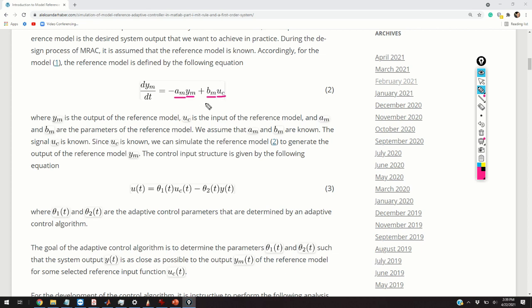Now, the signal uc is known. It can be a step signal, it can be a pulse train, it can be a sinusoidal signal. Since uc is known, we can simulate the reference model, basically solve this ordinary differential equation to compute ym as a function of time. So ym is known also.